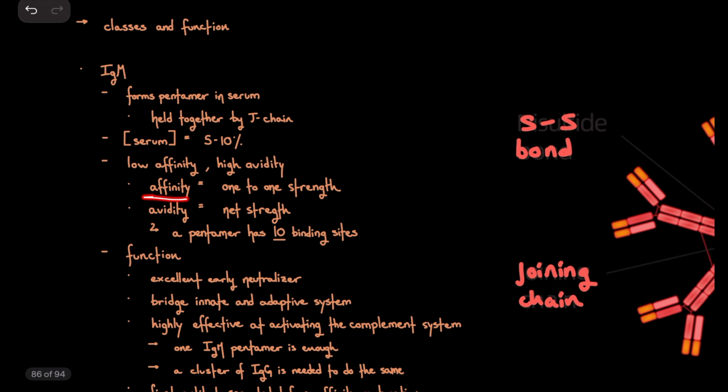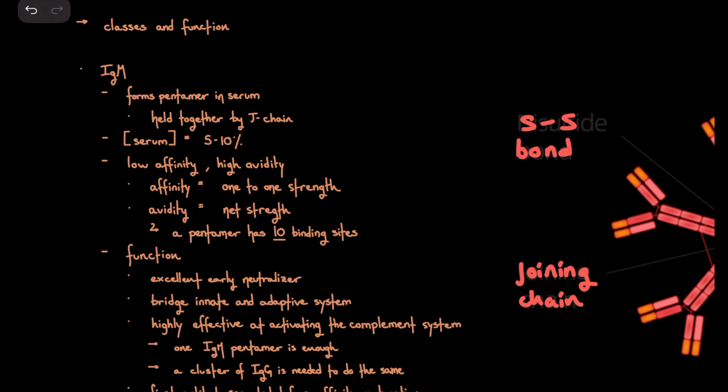So affinity, we talked about, is how much you like something. It's how much these molecules are ready and willing to bind to something. So it's that 1-to-1 strength. Avidity is the net strength. So maybe it's not that strong, but if it has 10 arms, well, then it's going to have some advantages over you.